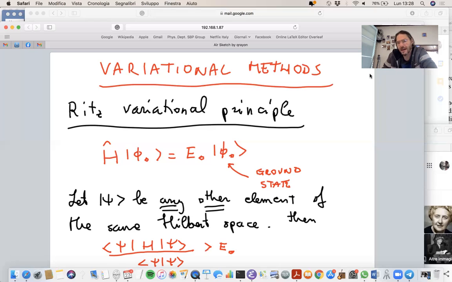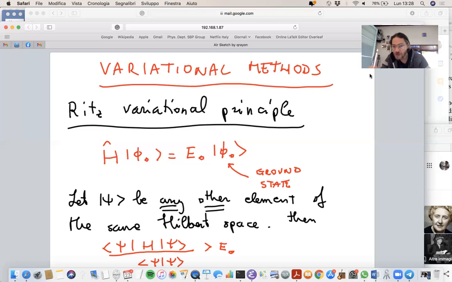It looks like a trivial statement, because by definition the ground state is the lowest eigenstate of the Hamiltonian. So clearly, if I compute these expectation values on other eigenstates of the Hamiltonian, this is going to be larger than the ground state, by simple definition.